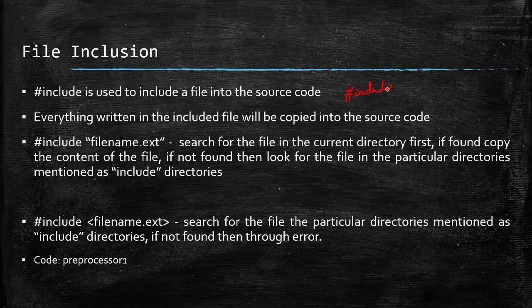You can see that we have written this statement several times to include stdio.h, that is the standard input output header file. What it actually does is copy each and everything written in the stdio.h header file into your source code. So whatever is written in the stdio.h header file will be included in the source code you are writing.